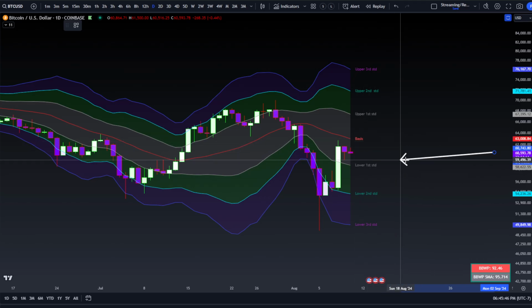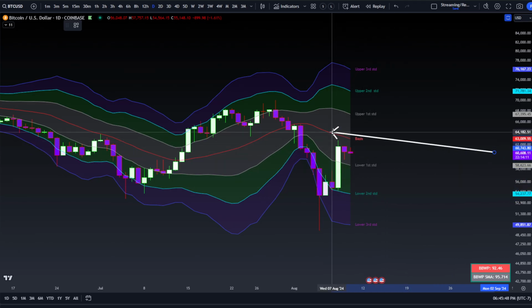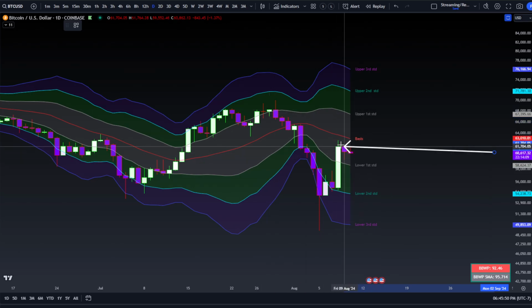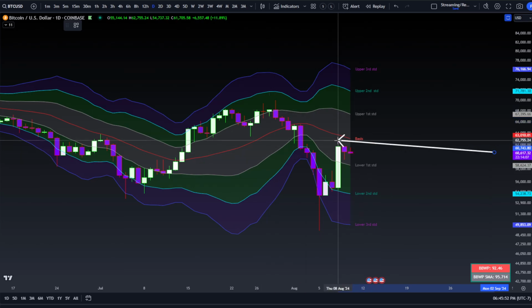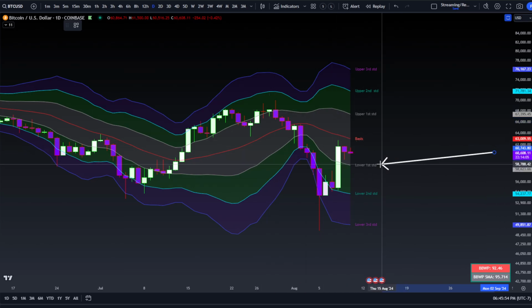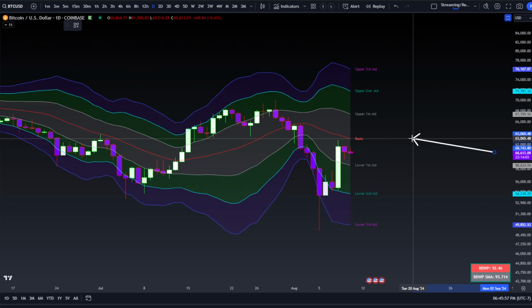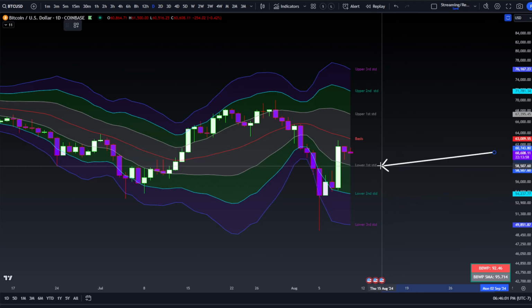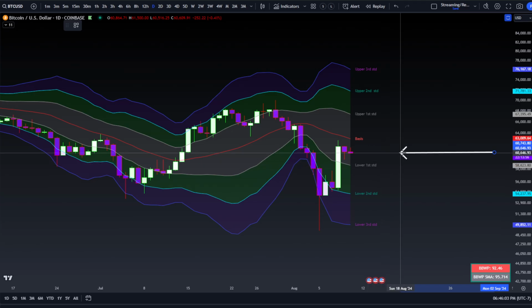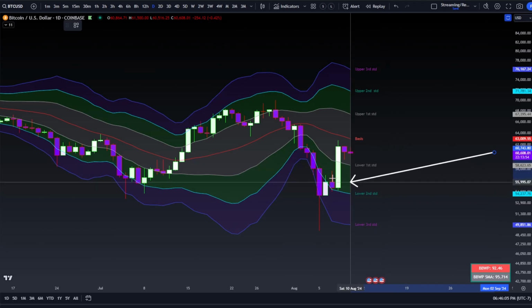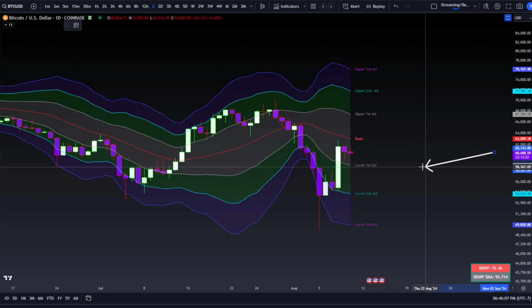Now, upon regaining this lower first and heading up, there's some precedence to say that Bitcoin, as long as it's sticking above this lower first, which is going to be right around a support and resistance level at around 58,400, that is an area you want to see Bitcoin closing above to avoid falling back down and testing at least the close open lows down here by where the lower second is.